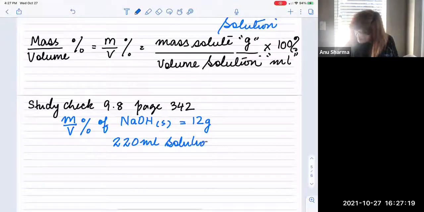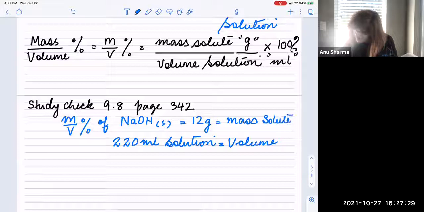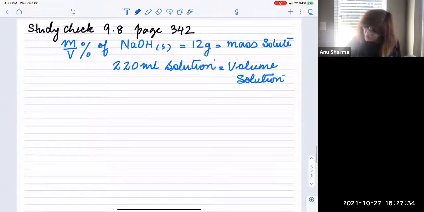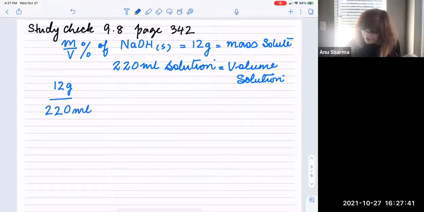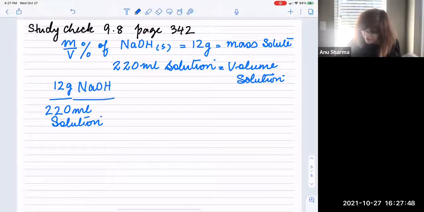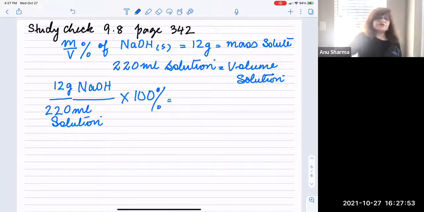So you are given the mass of the solute and the volume of the solution. So all you need to do is put 12 grams divided by 220 milliliters of solution. Always write down solution here, and this is 12 grams of NaOH. Always write down what is in what context, times 100%. And you are going to get, let's do the math.